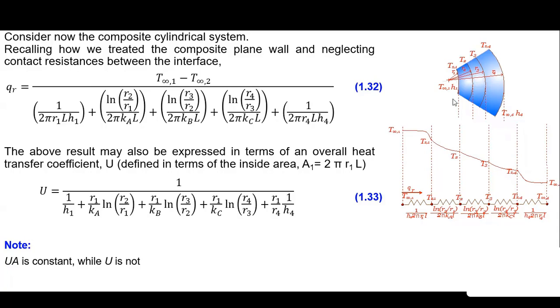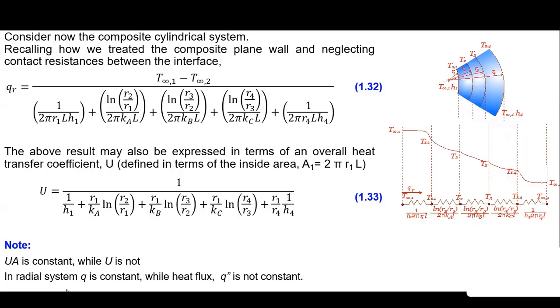We can calculate for R1, R2, R3, R4, whatever you want, but the overall heat transfer coefficient multiplied by the corresponding area is always constant, but U is not a constant in a cylindrical system. For the plane wall, the case was different because every area was the same. There was no change in the areas.